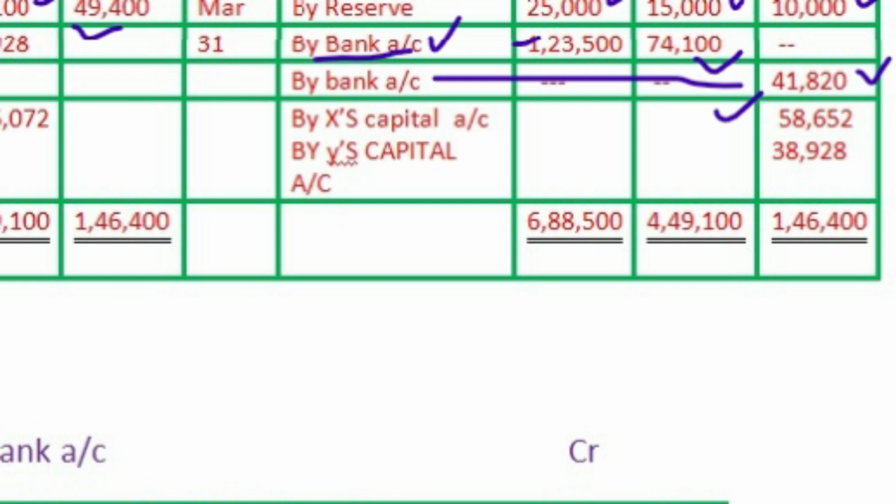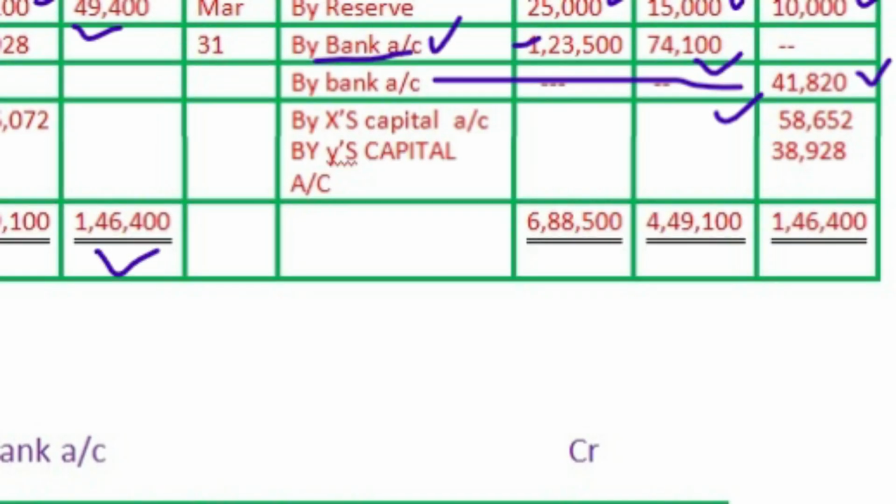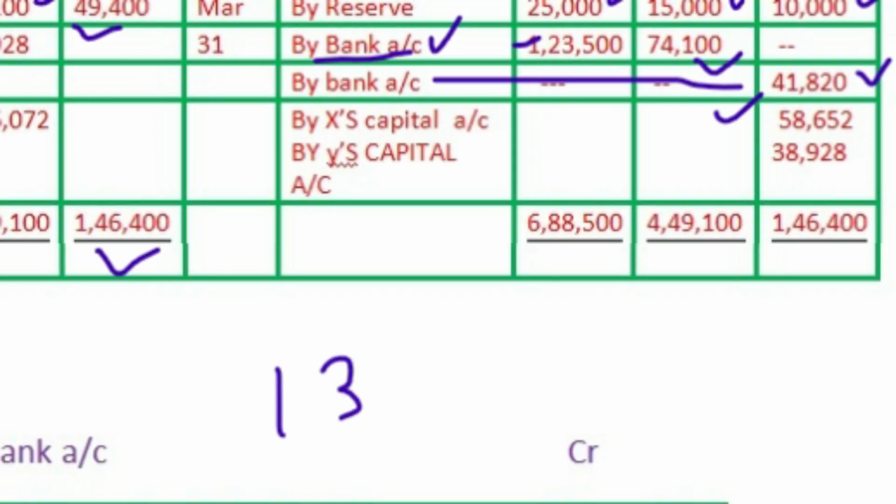The debit side totals 1,49,400, and the credit side is only 10,000. So the debit minus credit is 1,39,400.